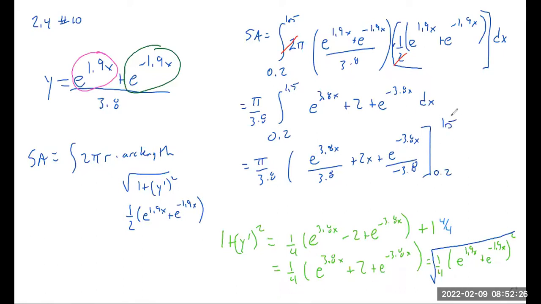At this point, I'm going to stop because I don't have a calculator handy, and this is really just plug and chug. But we got to the point now where we can calculate this surface area.